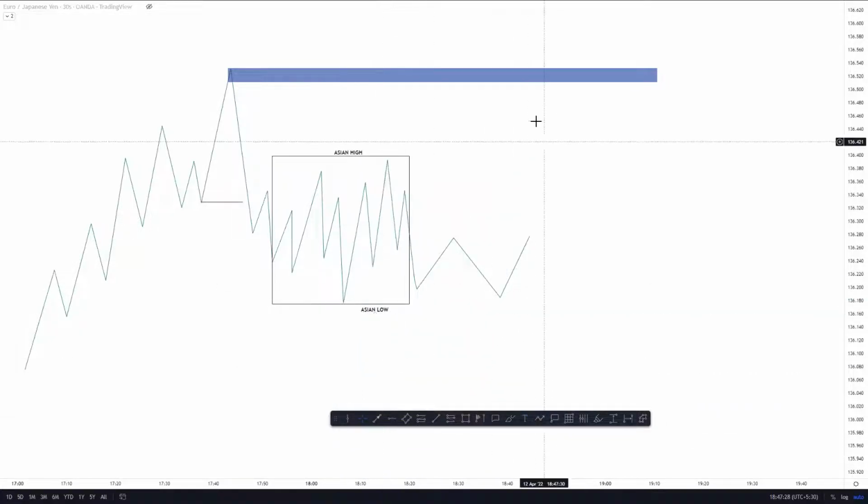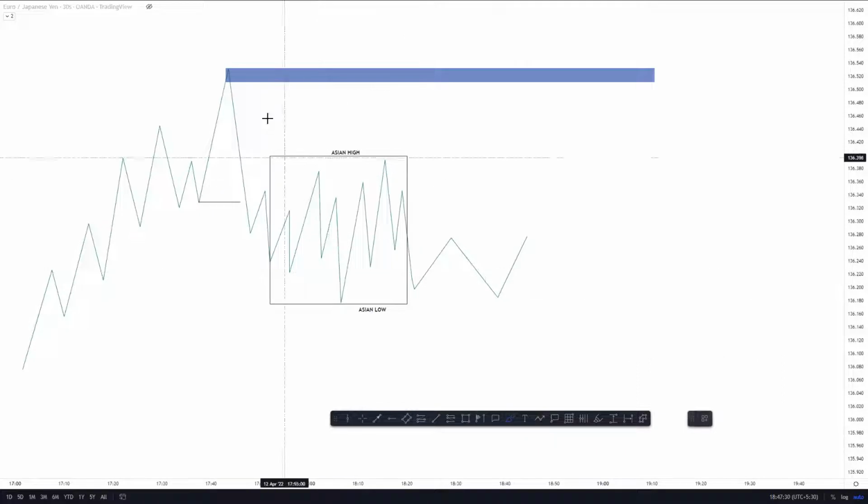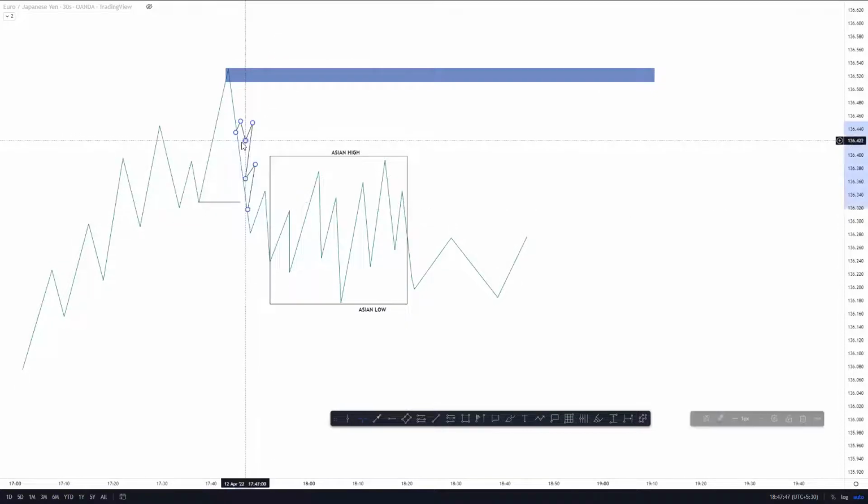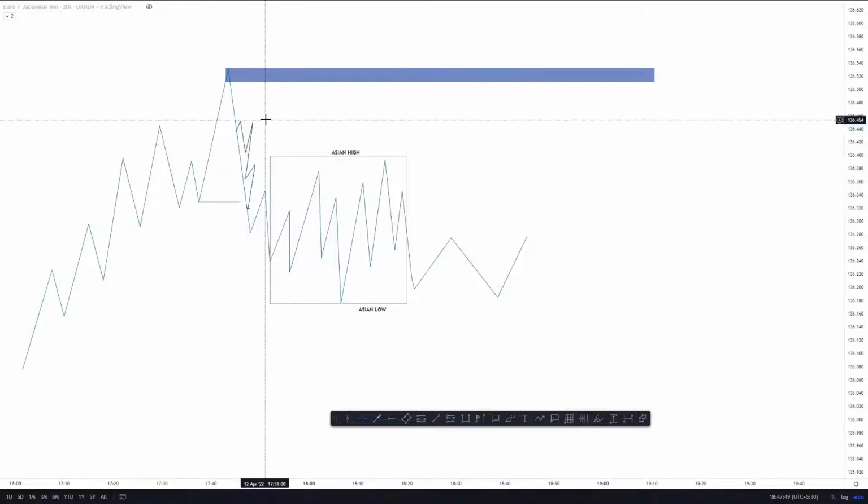So you can mark that as well, and you see some kind of double bottom or double tops around that area. So you can also mark that as a liquidity. Okay, so this will be our liquidity area.